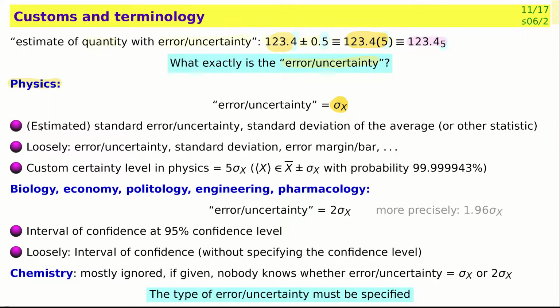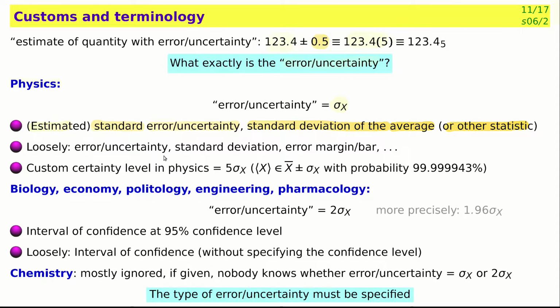Correctly said, what is provided here is the estimated standard either error or uncertainty. Standard means that it's 1 sigma. Put another way, if this is an average of something, that is a mean value, it's the standard deviation of the average, or it may be another statistic too.